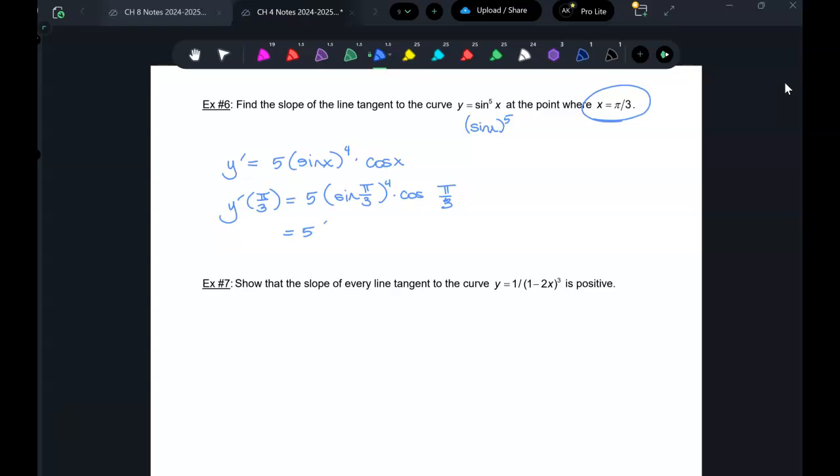So it's 5 times root 3 over 2 to the 4th times 1/2. Root 3 to the 4th: well, root 3 squared would be 3, so that would be 9. 9 times 5 gives us 45. In the denominator, 2 to the 4th will be 16. 16 times 2, 32.